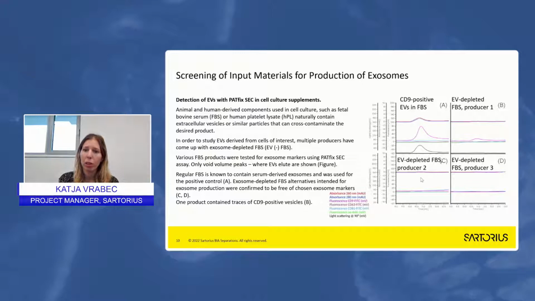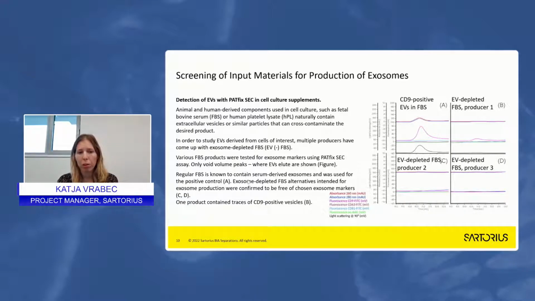You can see UV at 260 and UV at 280, and fluorescence for CD9, CD63, and CD81 overlaid on one chromatogram for each sample. Also a control without the addition was done, and light scattering detection at a 90-degree angle for each sample.